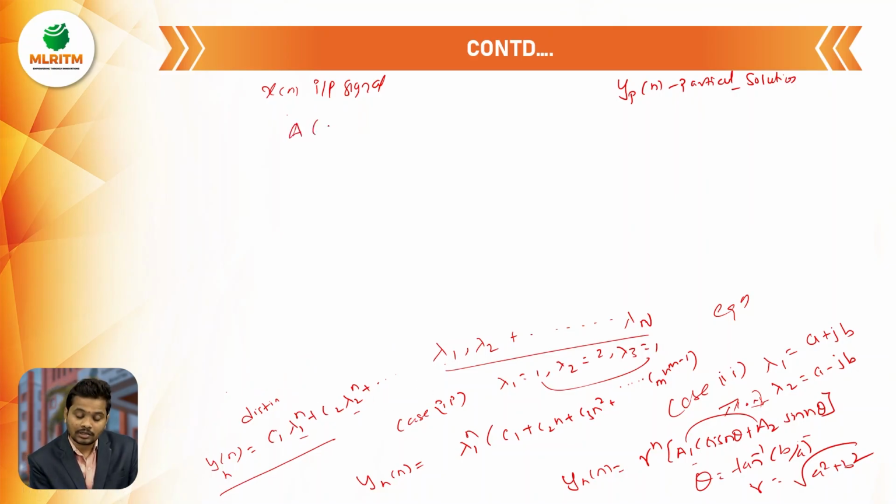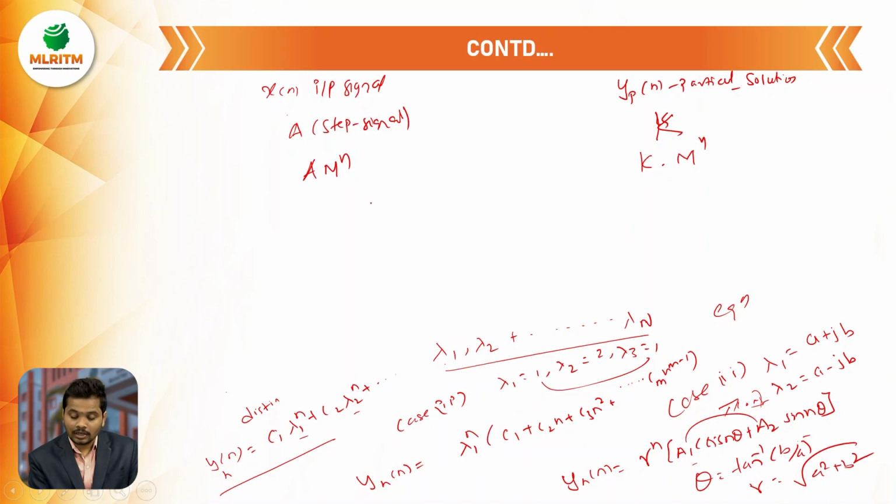So if it is a step signal, it generates a constant k. Similarly a into m power n gives k into m power n.